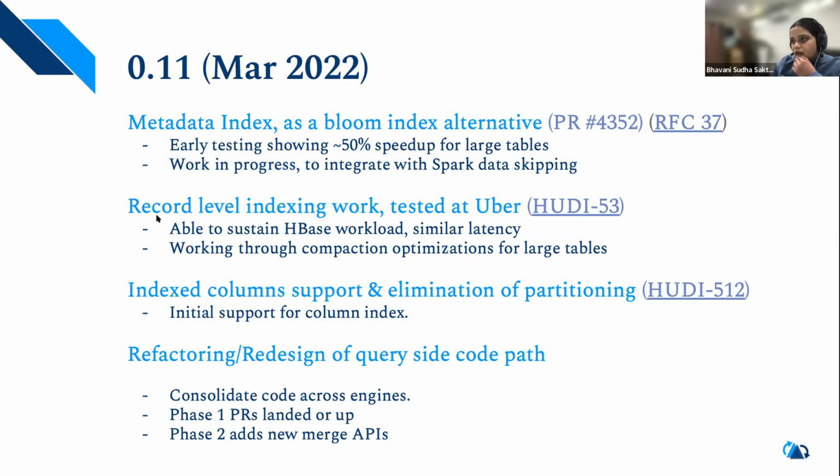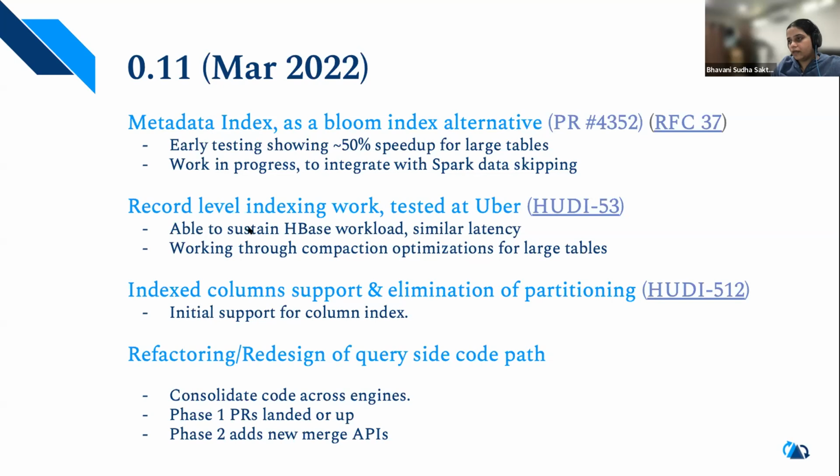Next one is the record level indexing work. Prashant already discussed this, but at a high level, this comes up in the community often where we see people want to try out random write workloads and global indexing. Currently there is no solution except using the HBase index or employing external indexes.